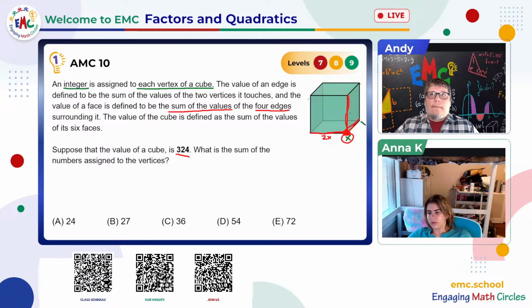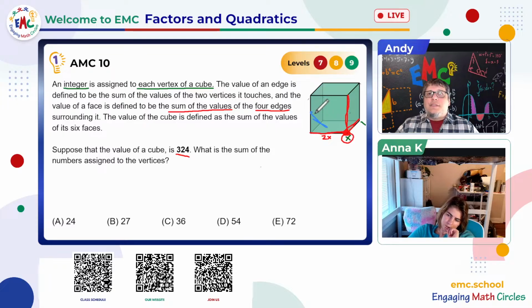So there's 8 vertices. There's 3 of one vertex. There's 3 of another vertex. Oh, not quite 3.